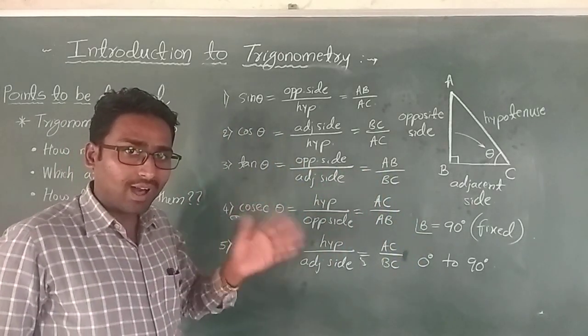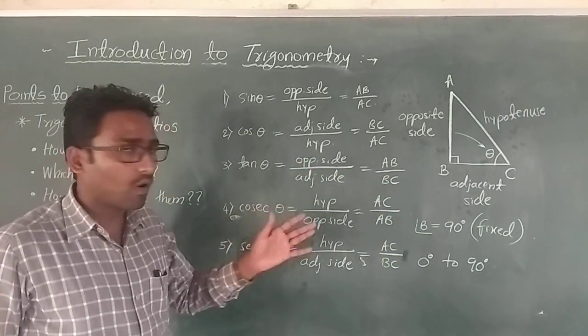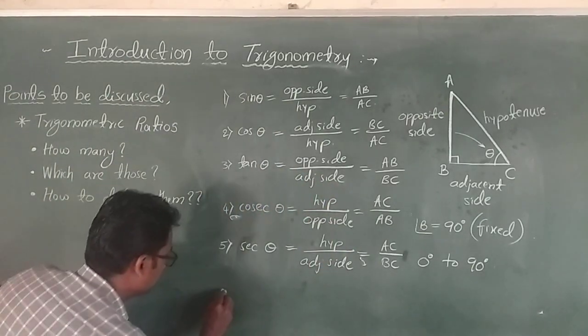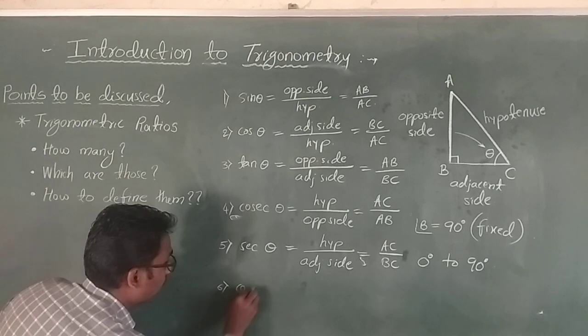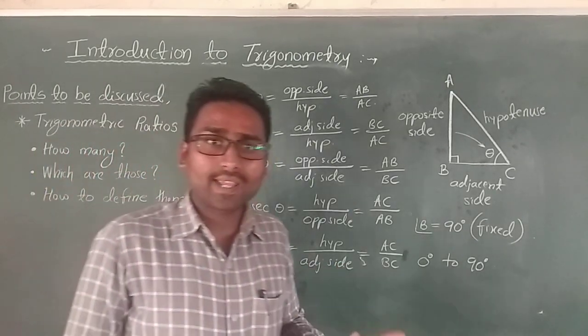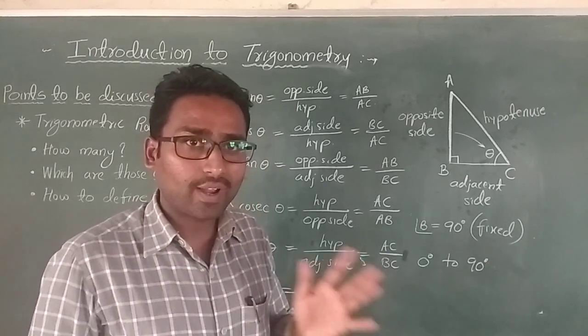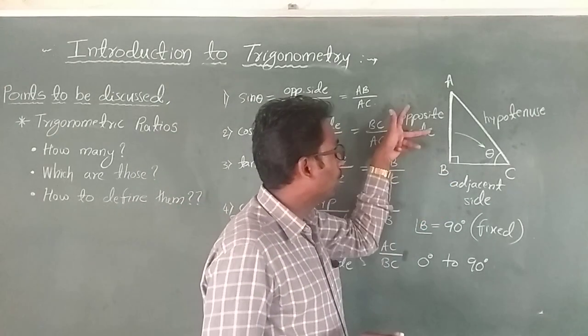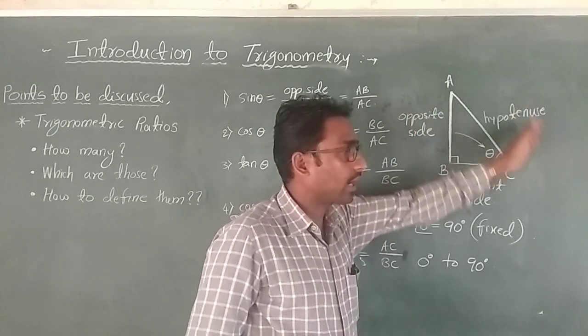Now, coming to the last function of trigonometry, that is cotangent. It is the ratio of adjacent side to the opposite side of a triangle.